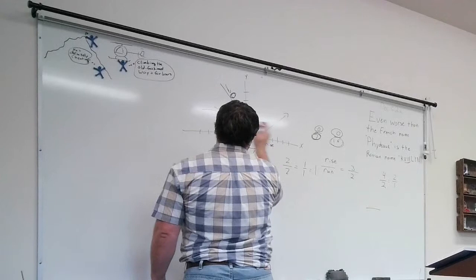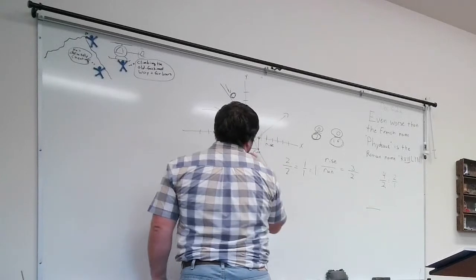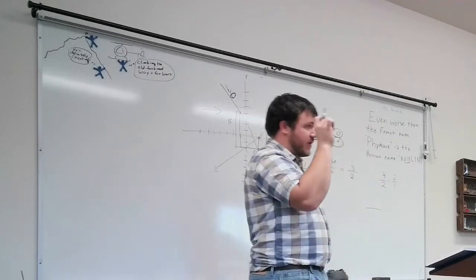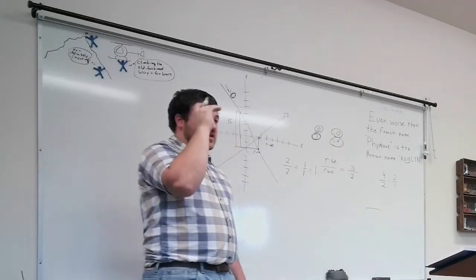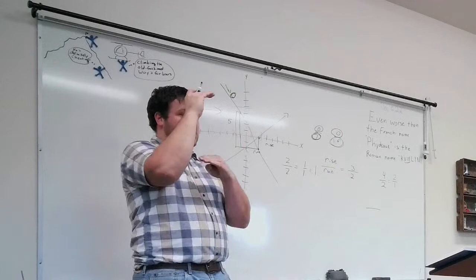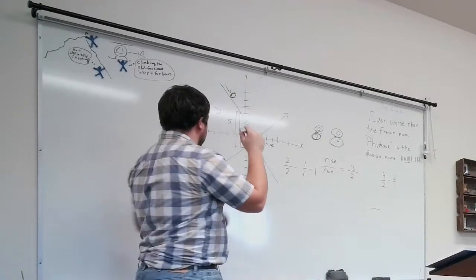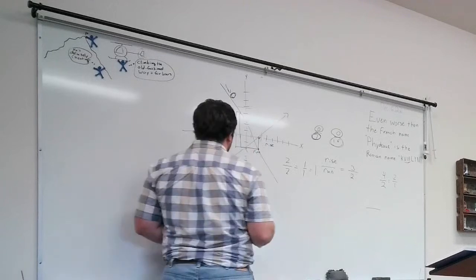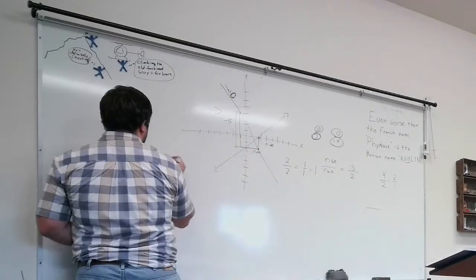There's five blocks between them, right? So if you were to look on your graph, there's 5 spaces between that top one and the bottom one, meaning the vertical. So that's our rise. And because it's a negative rise, we're going to write it as negative 5.